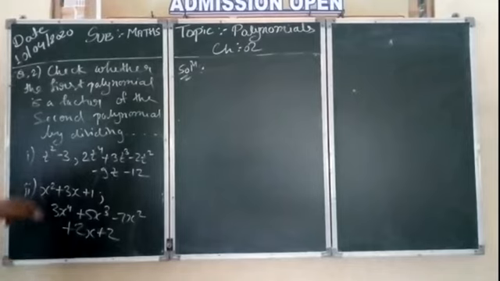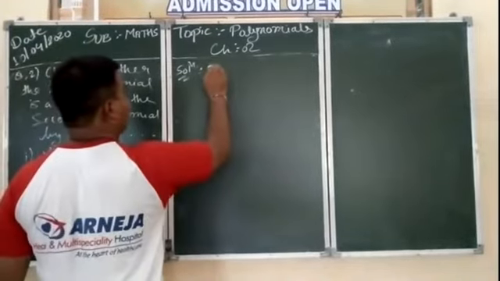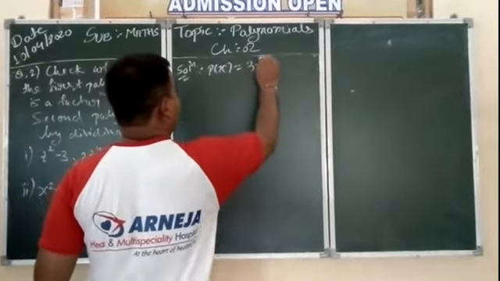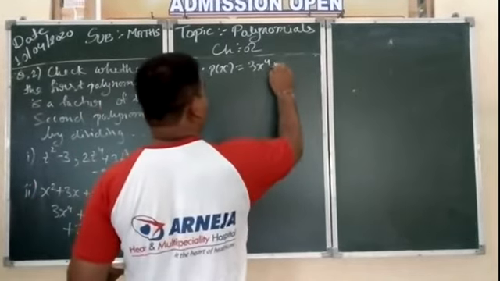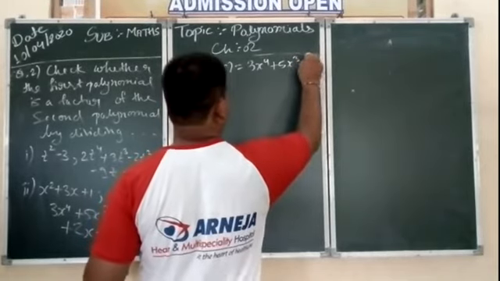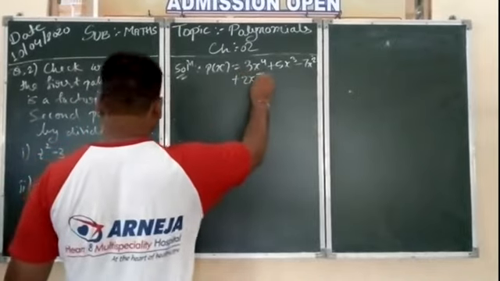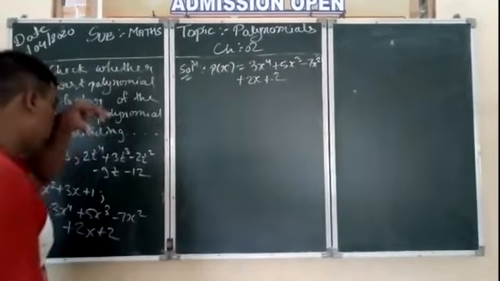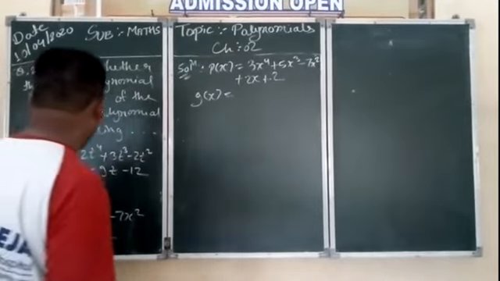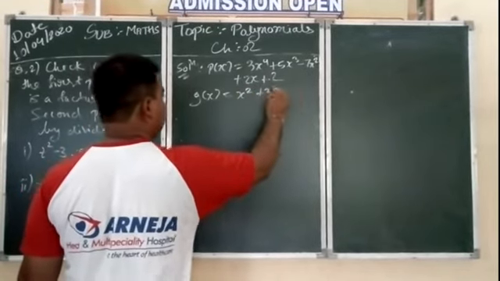Now we solve the next question, question number two. P of x is given as 3x raised to the power 4 plus 5x cube minus 7x square plus 2x plus 2, and g of x is given as x square plus 3x plus 1.